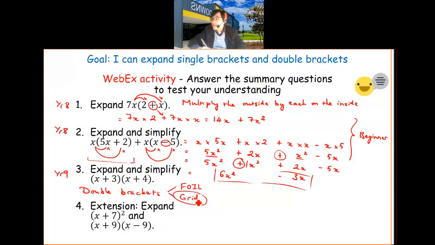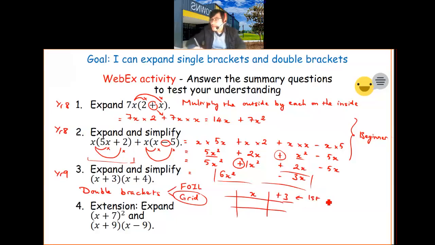So the grid method is this. We are going to draw a grid. That's what we call the grid method. The first brackets here, we've got x plus 3.